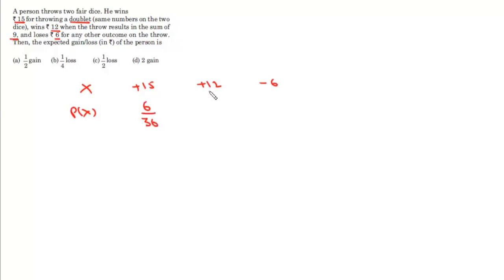Now he'll get rupees 12 if the sum is 9. So the sum will be 9 if it is 3, 6, 4, 5, 5, 4 and 6, 3, which is 4 by 36, and in all other cases it is minus 6. So it'll be this 10 by 36, and 1 minus 10 by 36 is 26 by 36.